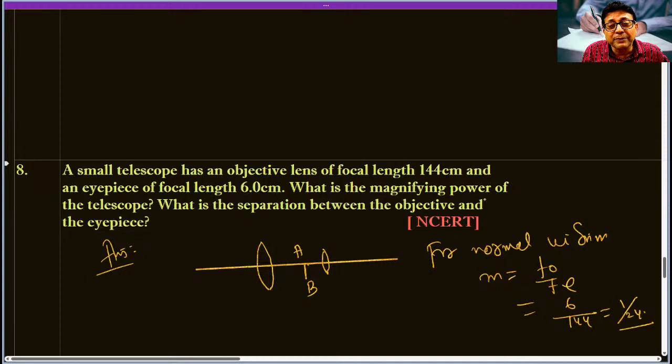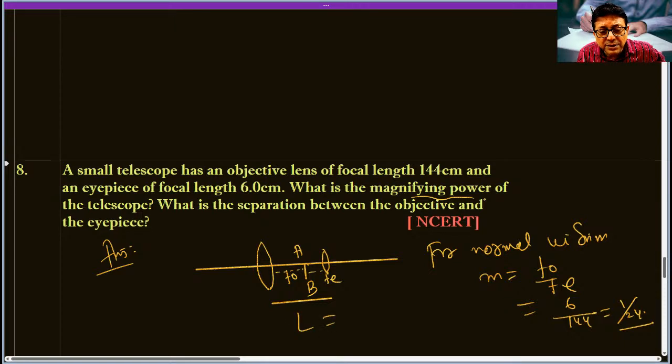Now this is the magnifying power. What is the magnifying power? You just simplify it. What is the separation between the objective and the eyepiece? This separation. It's very easy. We have done it in theory class also, telling you today. This part is FO, and this part is FE.